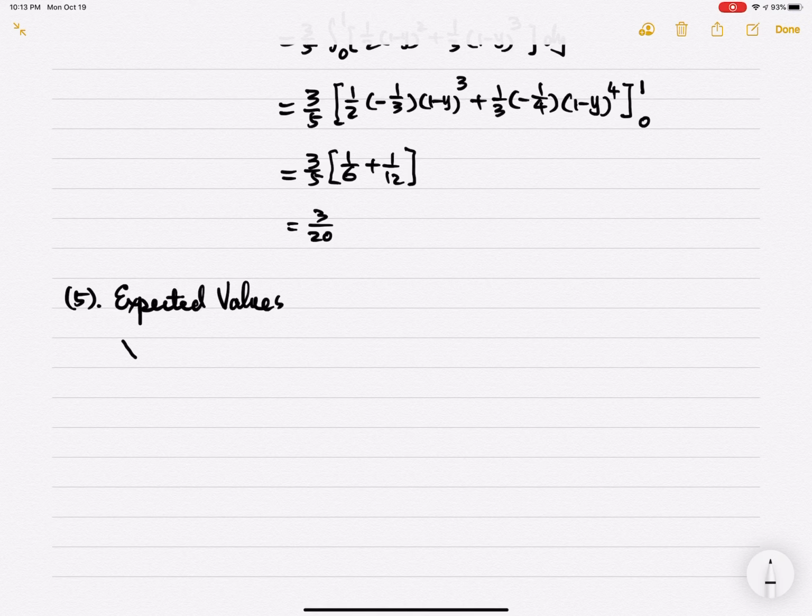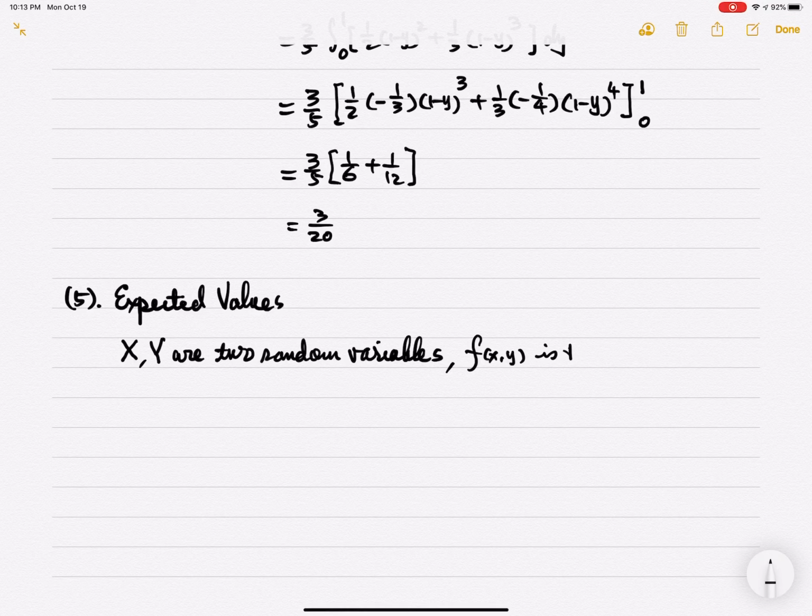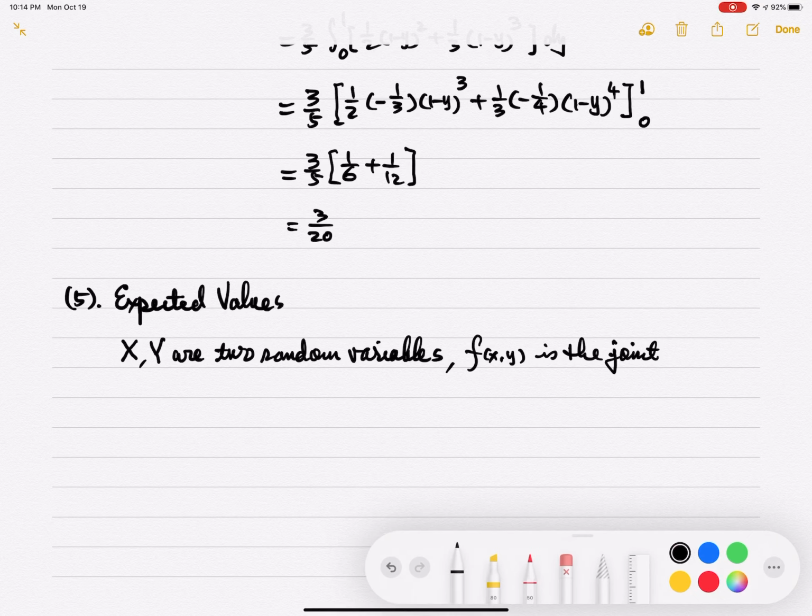So we say here, suppose x, y are two random variables, and f(x,y) is the joint density function. I just write joint PDF, probability density function.